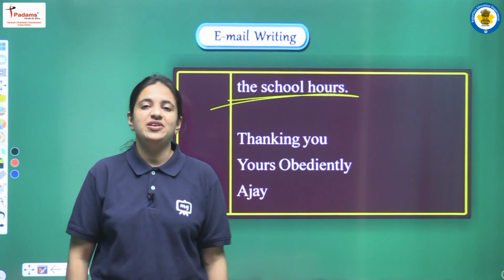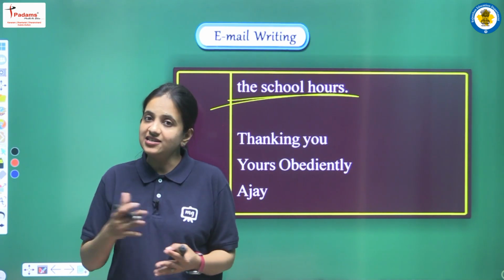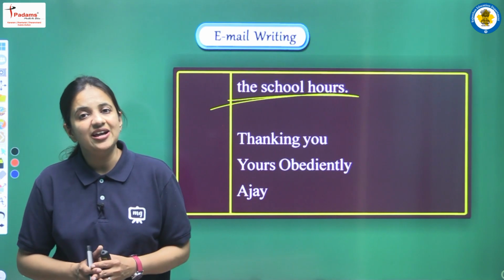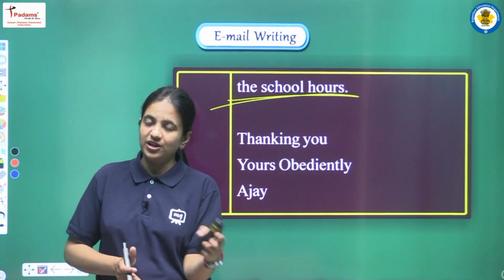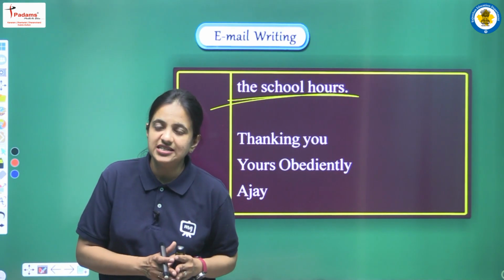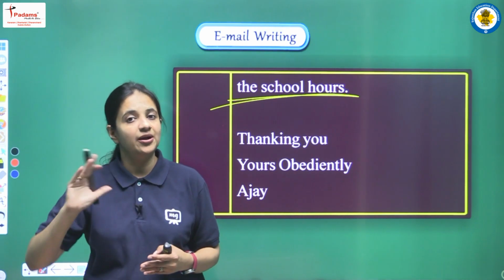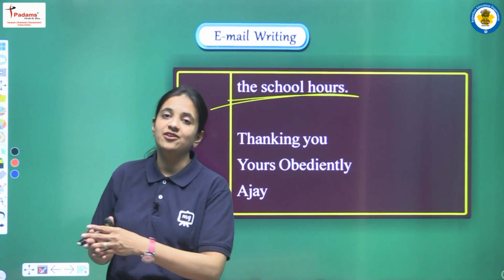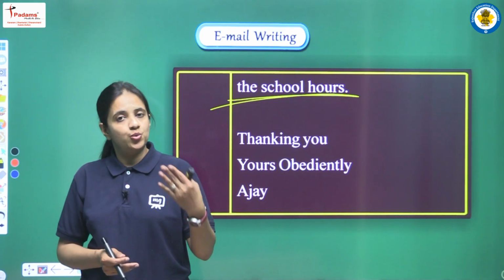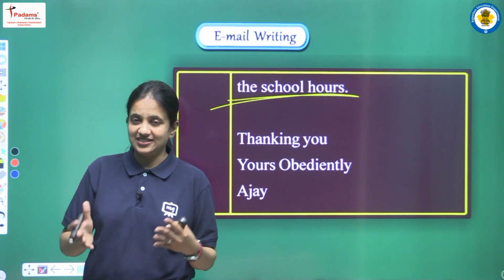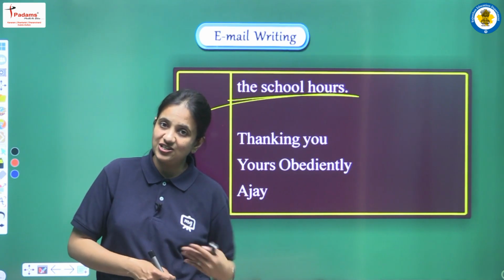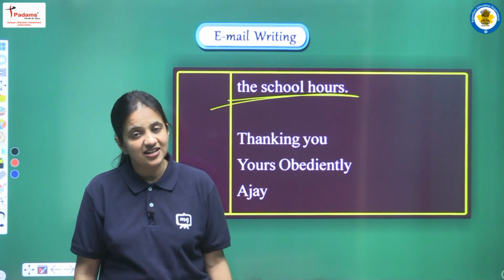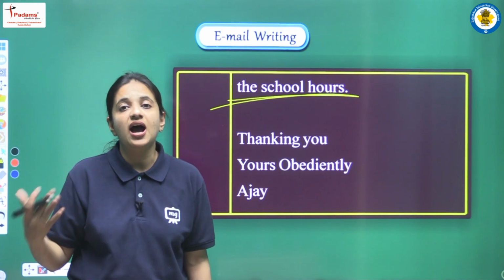So in this email we have written that we are the class head boy, right? And then we have written the problem. What is the problem? The problem is that the syllabus of science subject is not at all completed and examinations are near. So for that we have then written our request. So we are requesting to arrange extra classes, and yes, we have given our suggestion also that you can arrange the extra classes after the school hours.